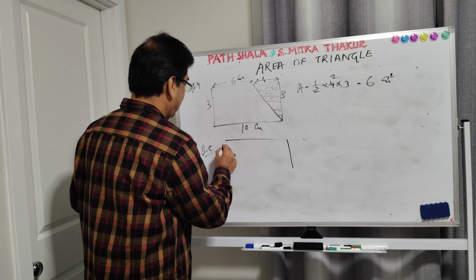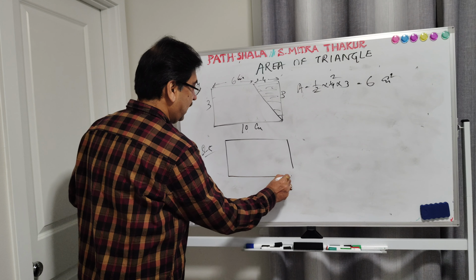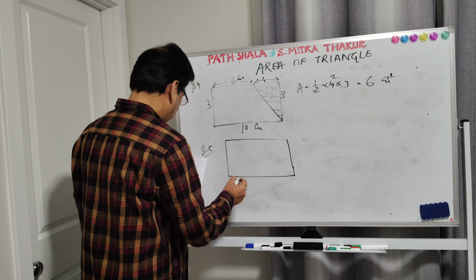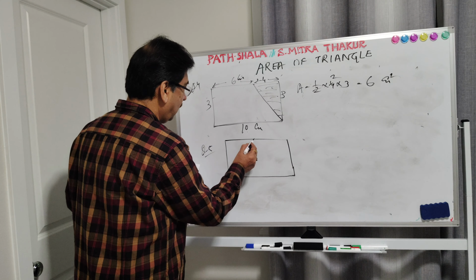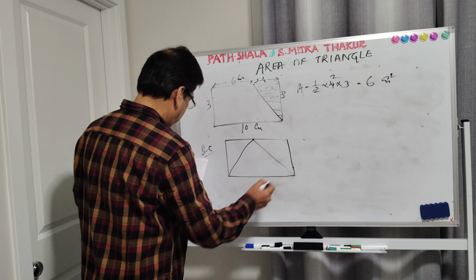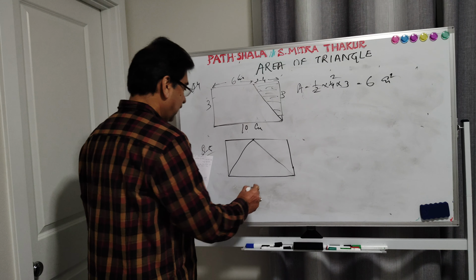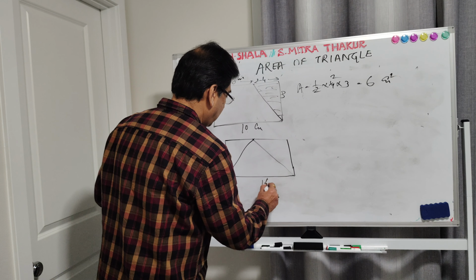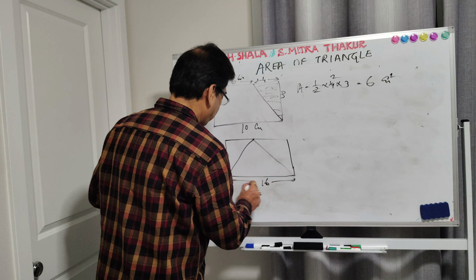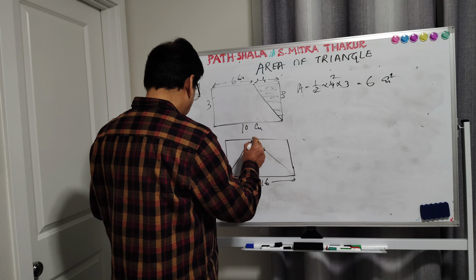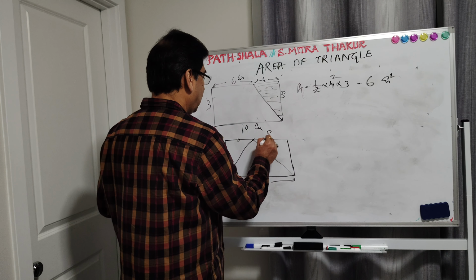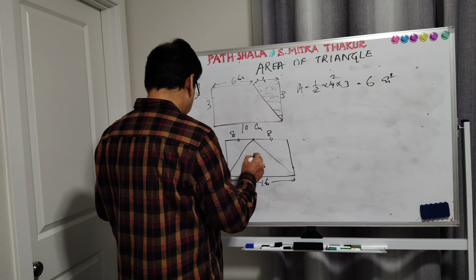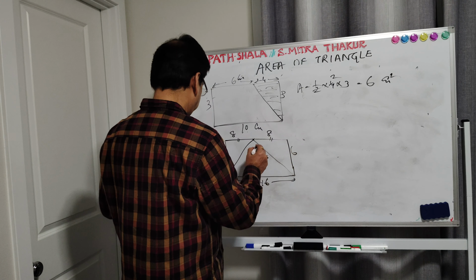It is given this triangle, and this is a rectangle again. Here it is a middle point. This type of triangle is given. This is 16, the base, and this is 8, this is 8, this is 6.